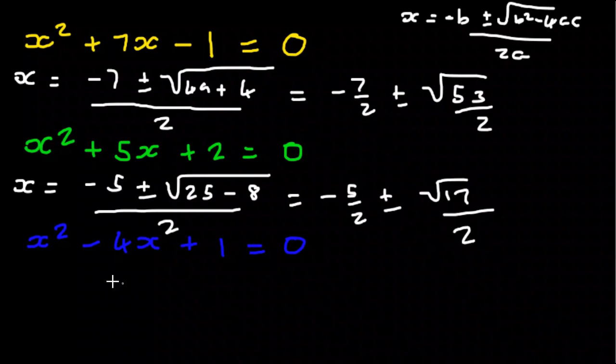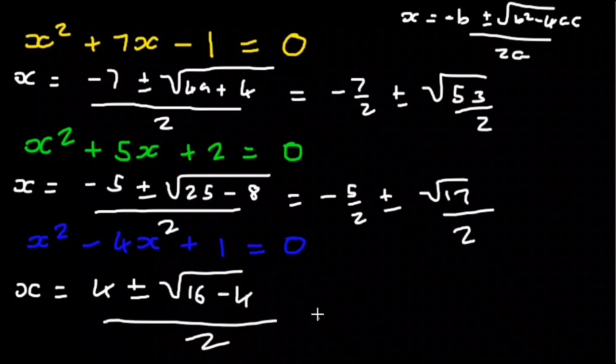And then here we get minus b is 4 plus or minus the square root of 16 minus 4 times 1, so that's minus 4, over 2, so that's equal to 4 over 2 plus or minus the square root of 12 over 2.